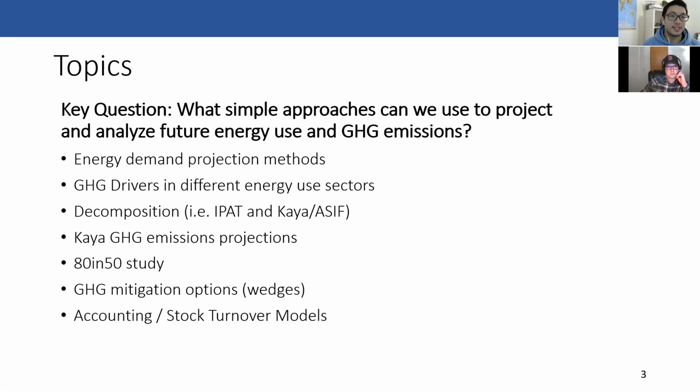But at the same time, one thing to keep in mind with the simple models we'll be going over today is that when you delve into a lot more detail in complex models, there can be a lot of uncertainty that drives a lot of those results.